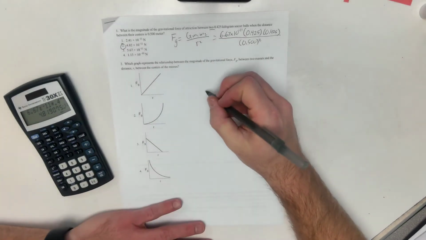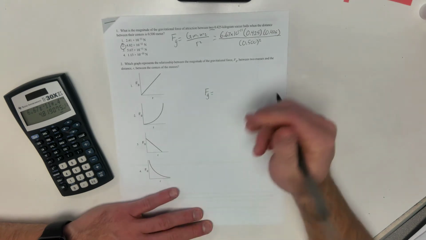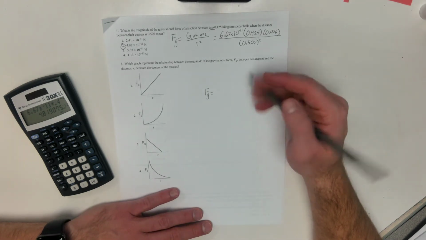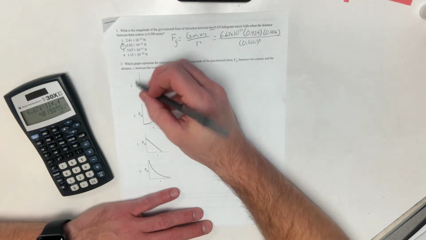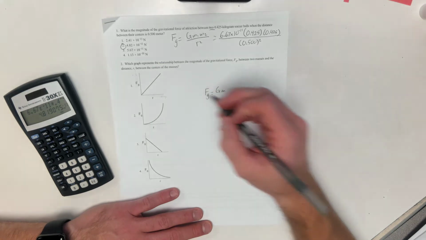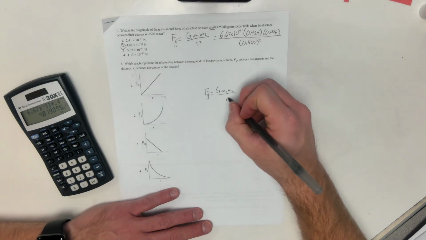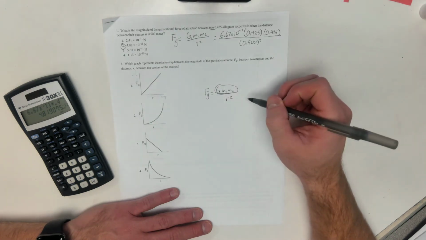I like this question. Essentially, what happens to the force of gravity as you increase your distance? Are you going to get a larger or a greater force? Everything in the numerator stays the same.